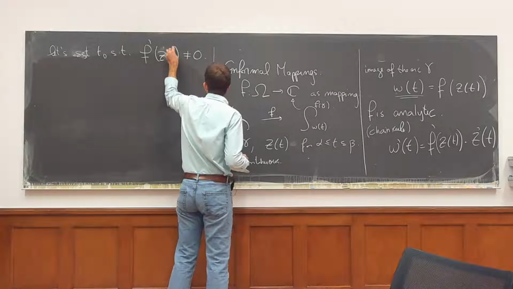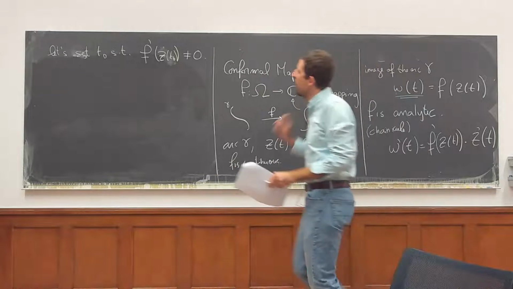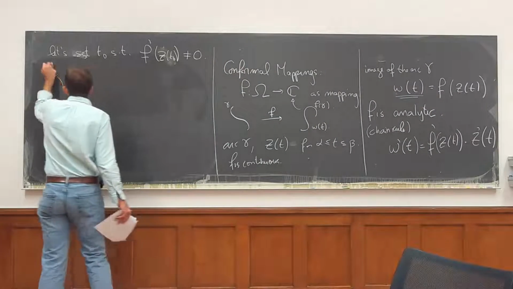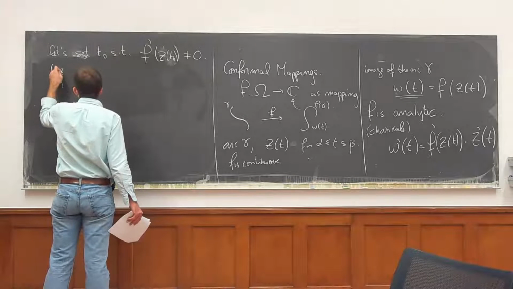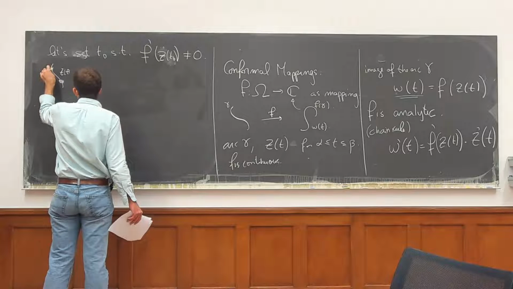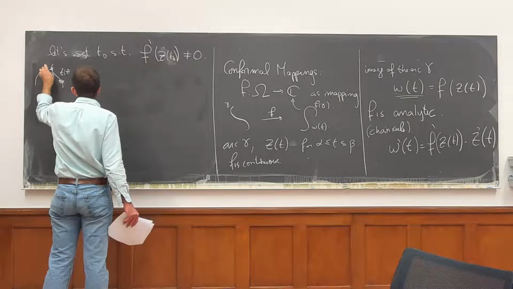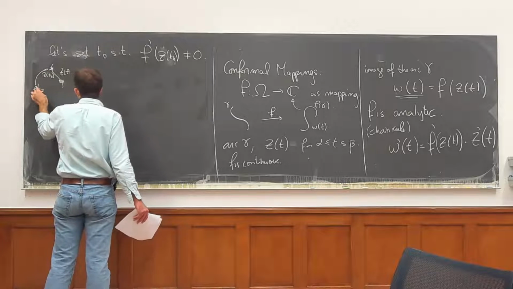So let's set a curve z at a point t0 that's going through a point where f prime is not 0. So I have z, this is z of t. Maybe here is z of t0, and at this point, the derivative of f is not 0.